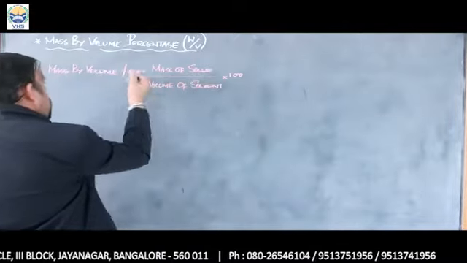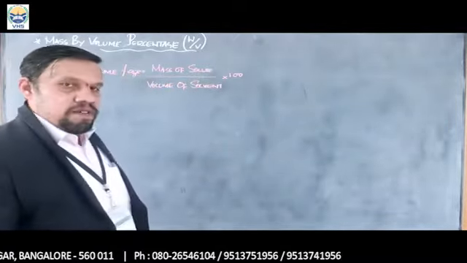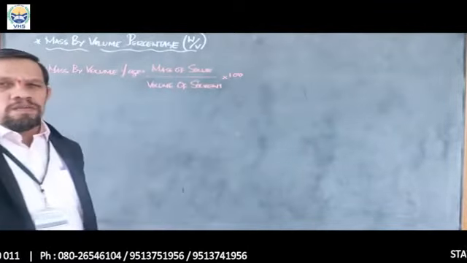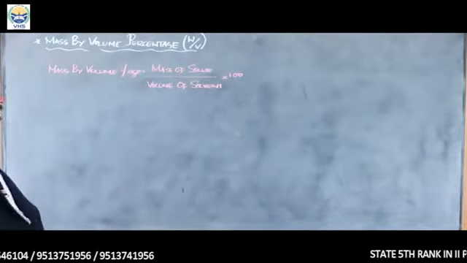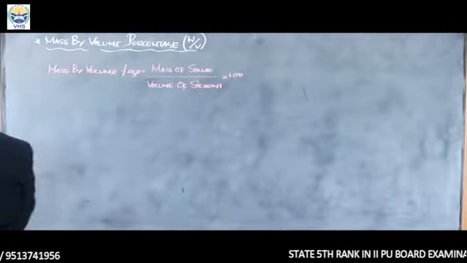You can just consider total volume of the solvent. Okay, fine. Total volume of the solvent or volume of the solvent into 100. We can just do another problem with respect to this one.